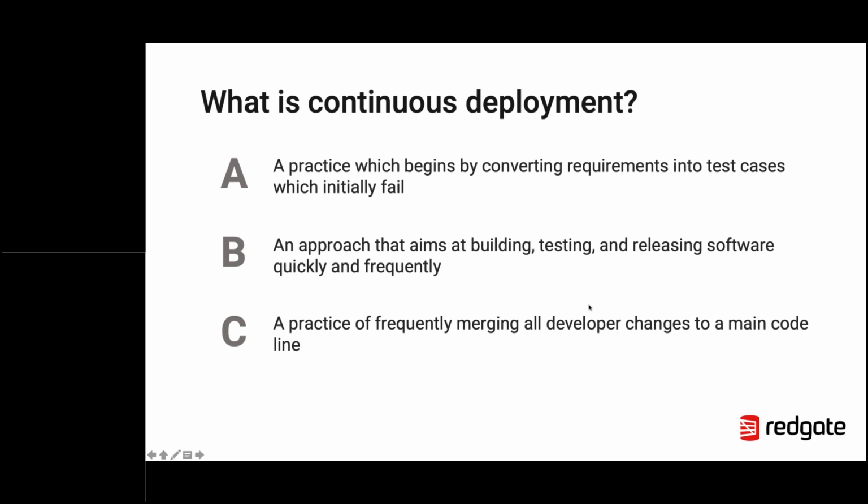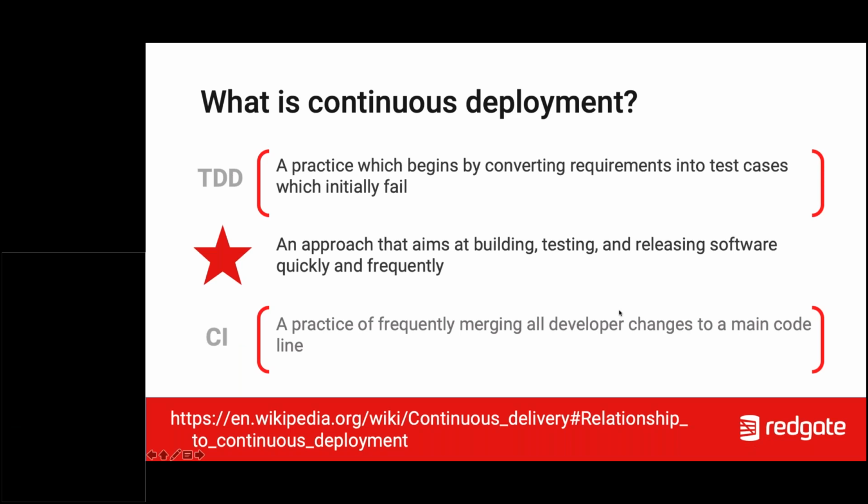I'm going to go on over to the answer slide. So B is the answer. If you're talking about continuous deployment, the important word in B that kind of gives it away is releasing software, because continuous deployment is all about continuously doing software development through the point of release.